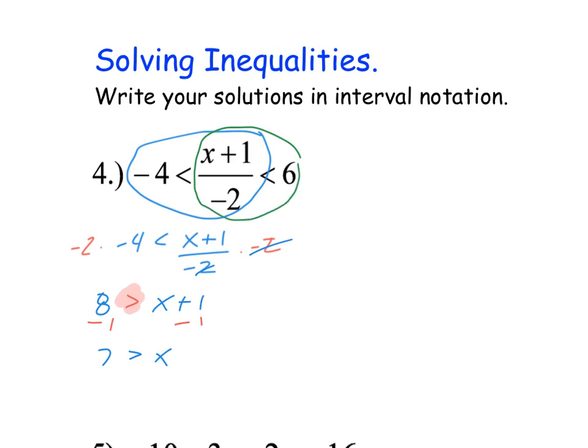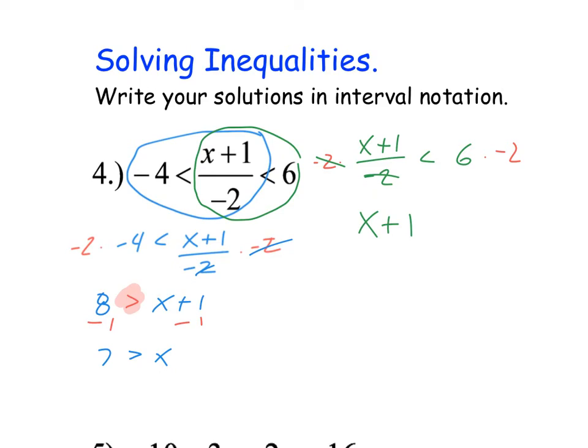So that would give me (x plus 1) over -2 is less than 6. Solving it the same way, I'm going to multiply both sides by -2, dealing with the -2's in the same way, so x plus 1 here on the left.